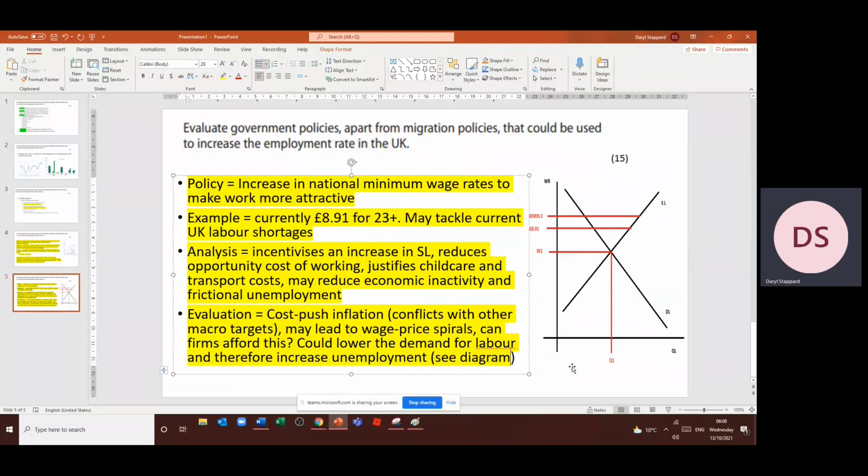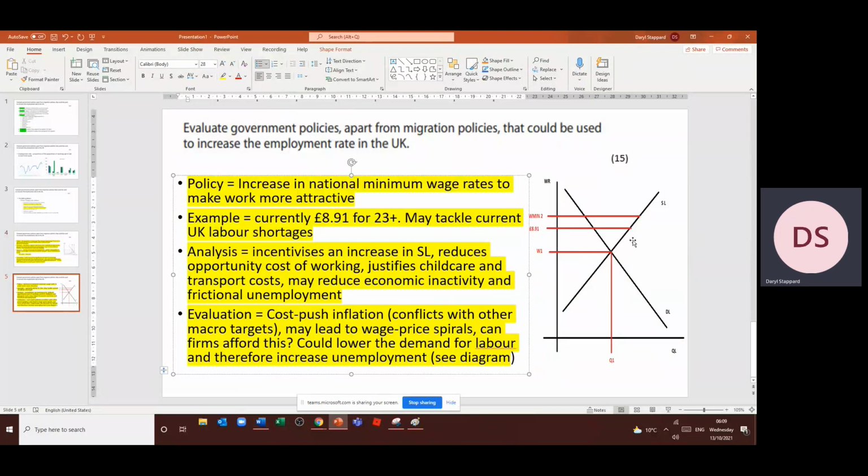Now, in theory, what this might then lead to is a wage price spiral. If you raise business costs due to higher wages, then firms need to respond by raising prices. Can the economy take any additional inflation that could be taking place in the economy? It's also worth remembering as well that when you increase minimum wage rates, it will contract the demand for labour.